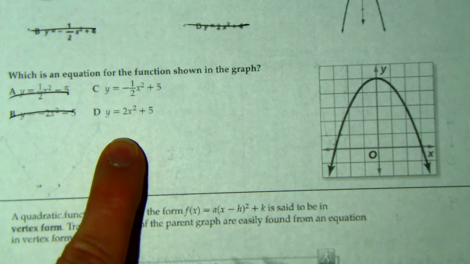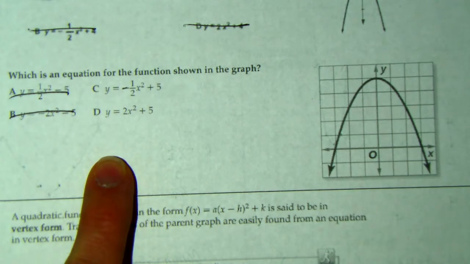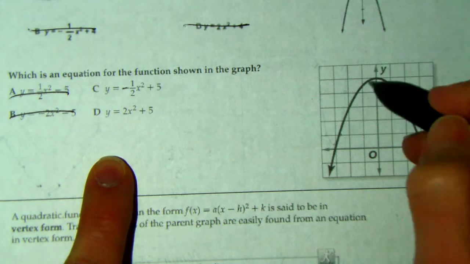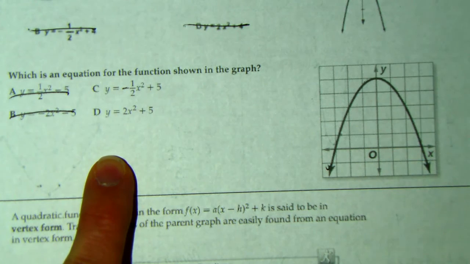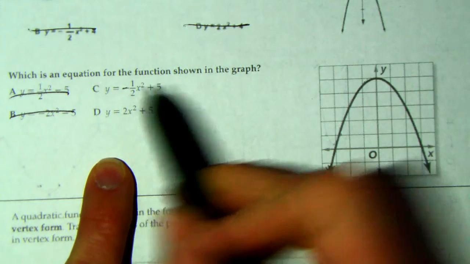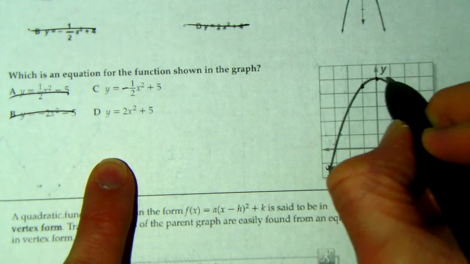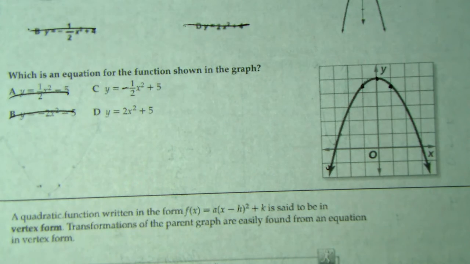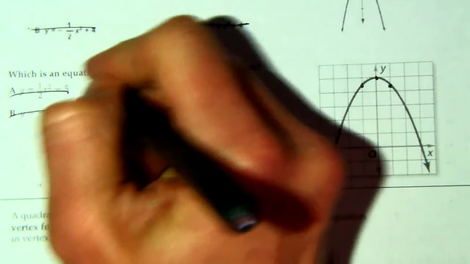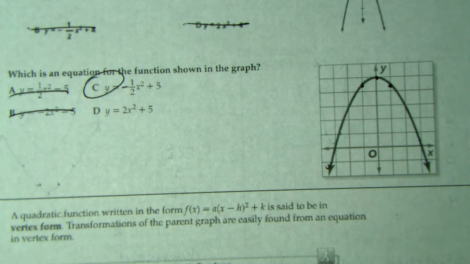Opens downward. But then the other thing, it's 1/2, because check this out. Over, up a half, over, up a half, instead of 1. So it's got to be C. If it opens downward, then it's got to be a -A. The number in front of x squared has got to be negative. All right?